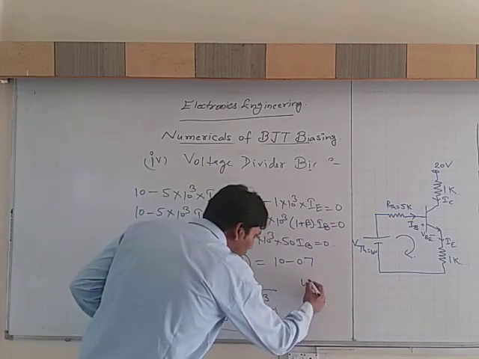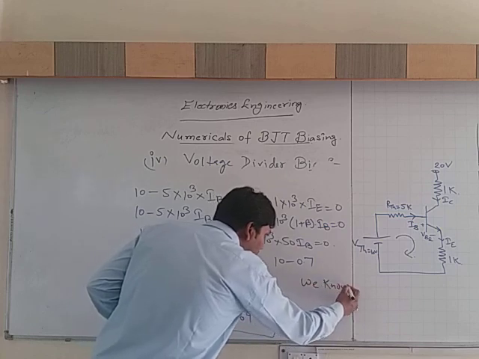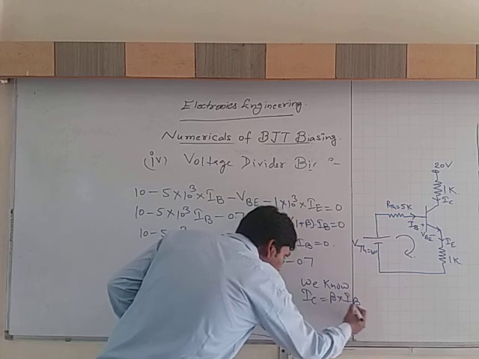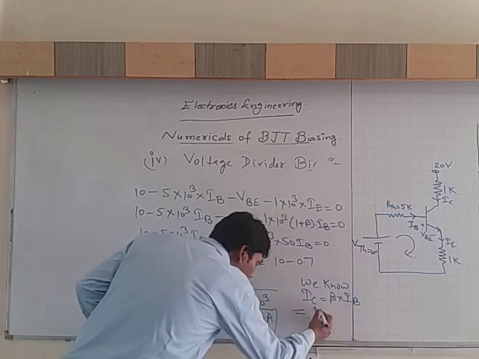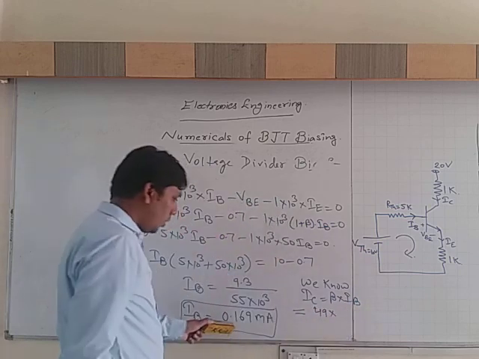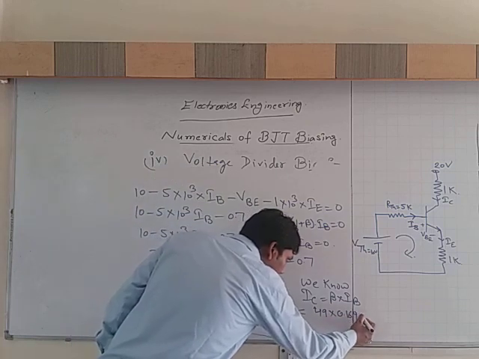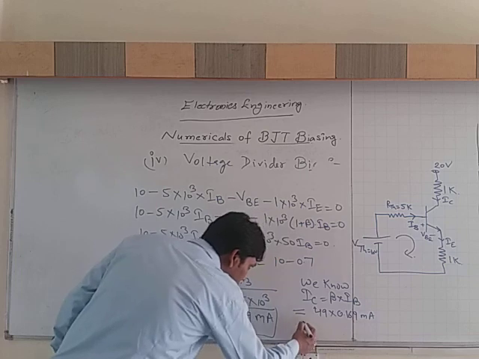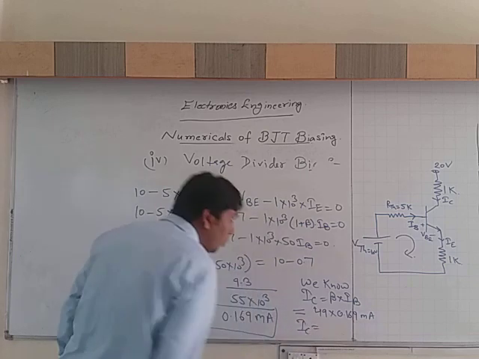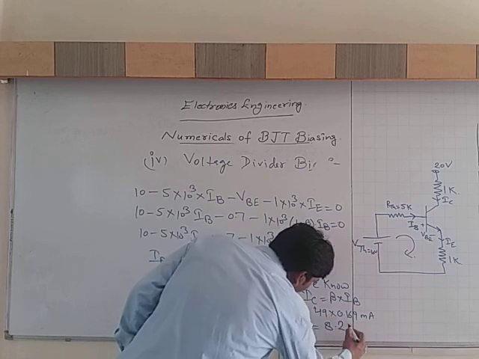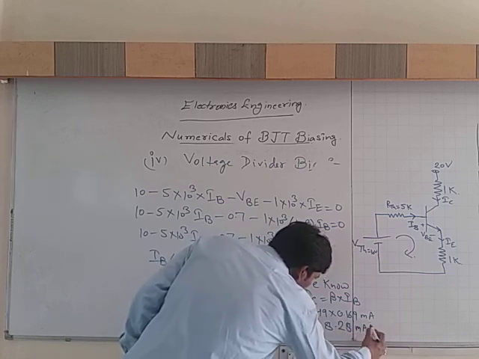So IC will be beta into IB, that is 49 into 0.169 milliampere. So IC will be 8.28 milliampere.